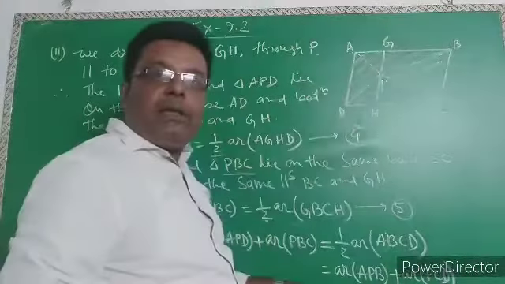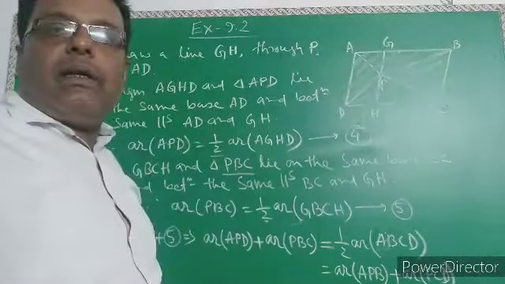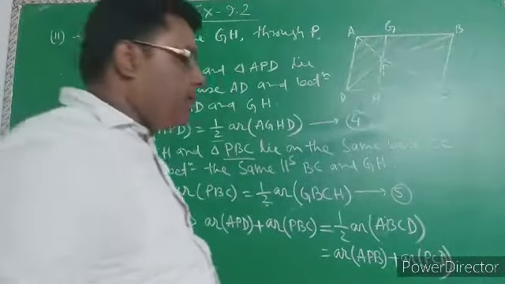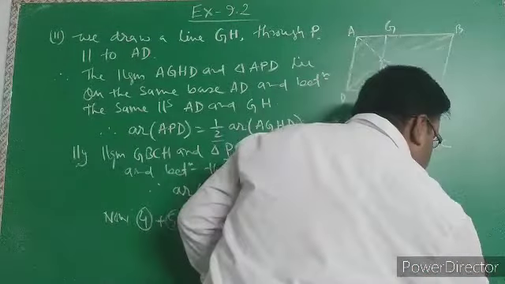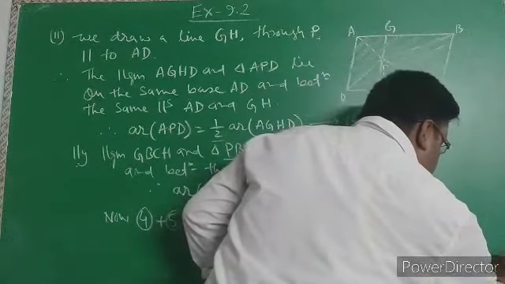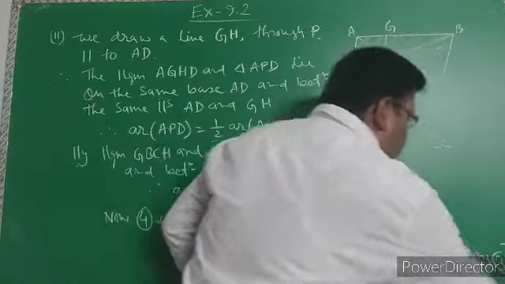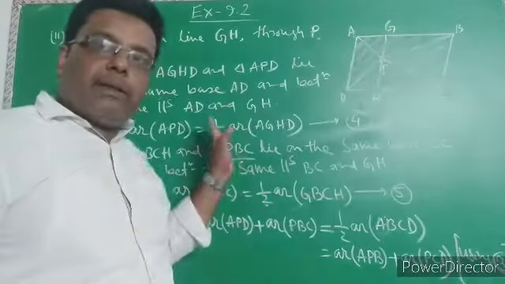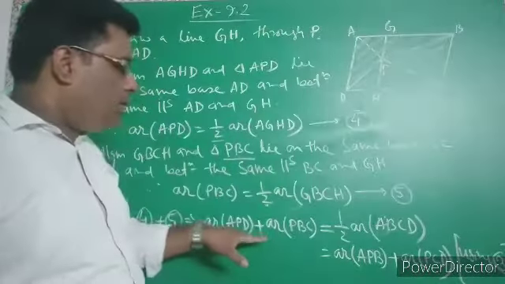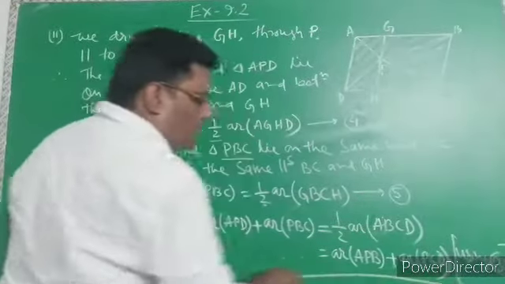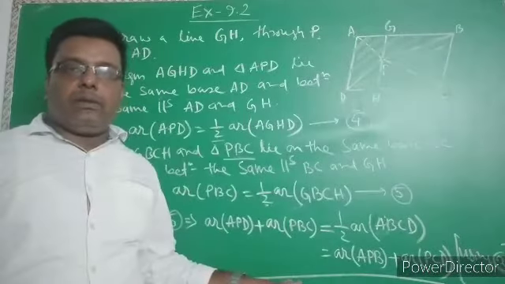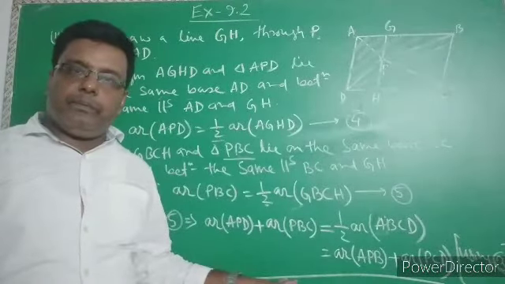So here, using 3, or using Roman 1, that is the first question, you get this. So this is the required proof of this question. Okay.